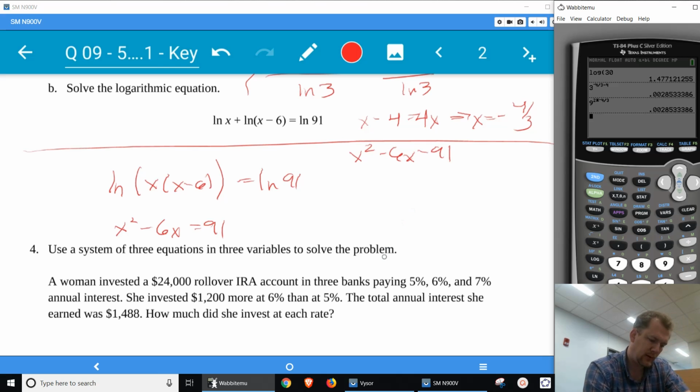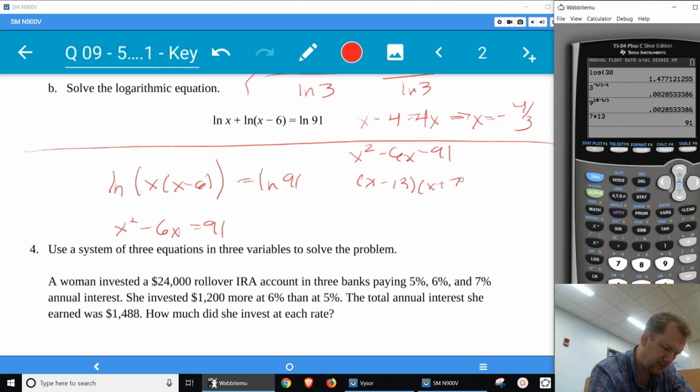And that thing, I believe, factors into x. It's 91. X minus the 13, and then x plus the 7. Because 7 minus 13 is negative 6.